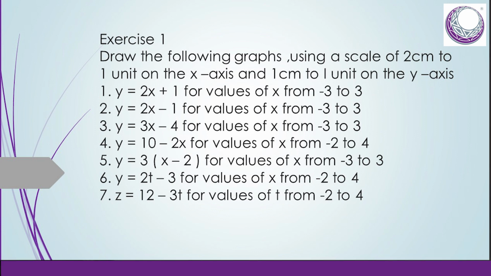And using our graph, as I presume everyone knows, we are going to connect those particular points and join them with a straight ruler, and then it will produce our straight line graph. And that is simply how we should be able to draw the graph given an equation, and then we come up with a table of values.